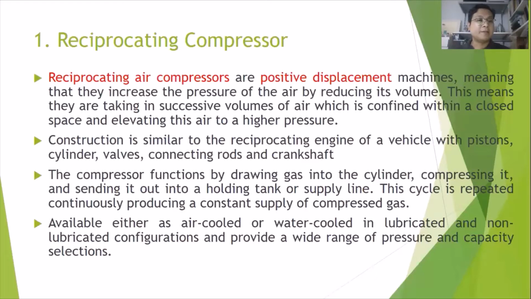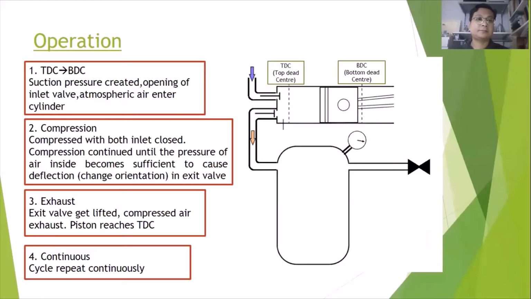And then the last one, available either as air-cooled or water-cooled, in lubricated and non-lubricated configuration, and provides a wide range of pressure and capacity selection. So actually, the reciprocating compressor involves two conditions, lubricated and non-lubricated systems.